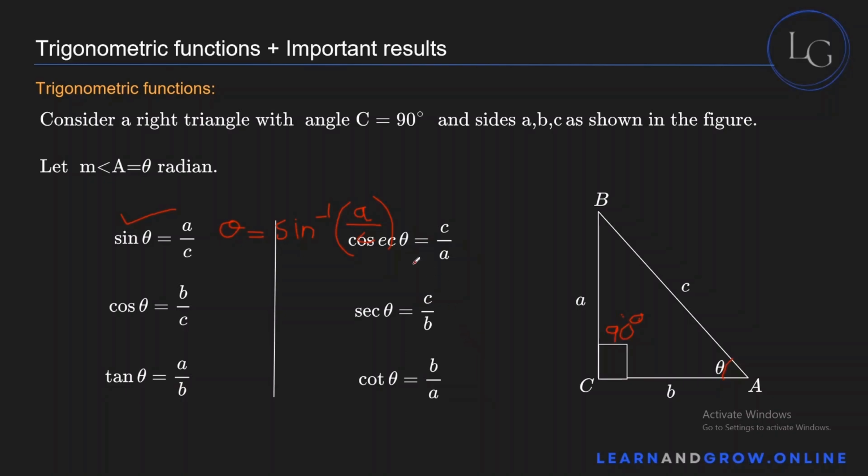And you can memorize this by seeing the third letter of each. So cosecant theta, the third letter is s, so it is the inverse of sine. And for secant theta, the third letter of secant is c, so that just means cos.